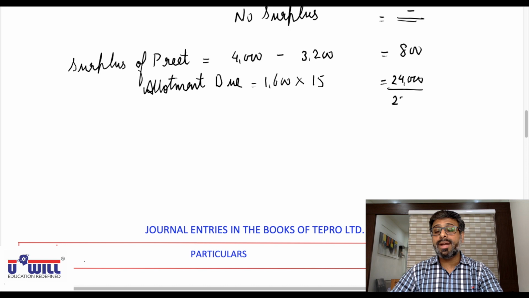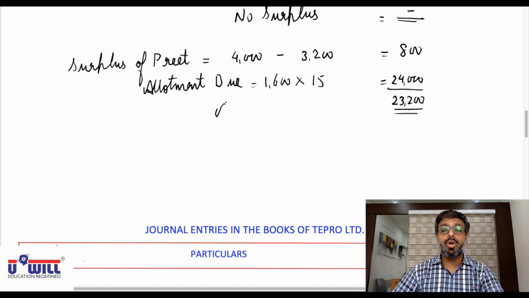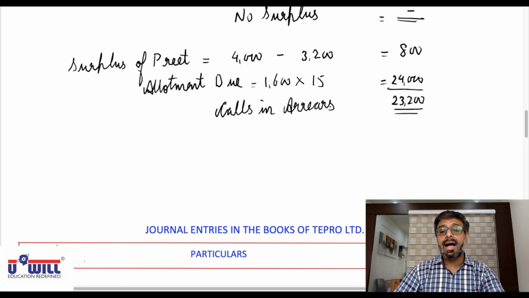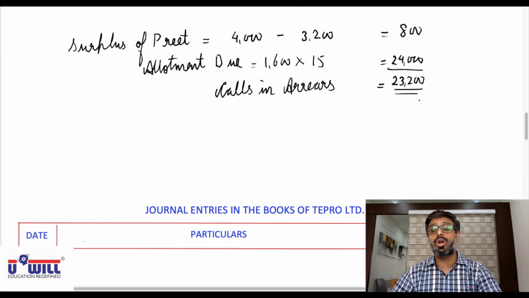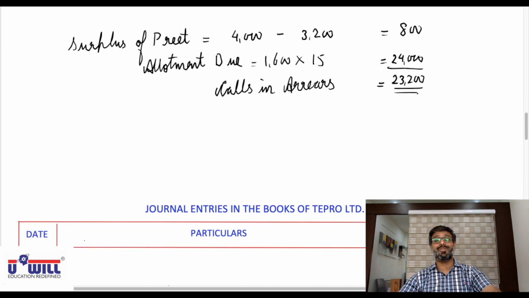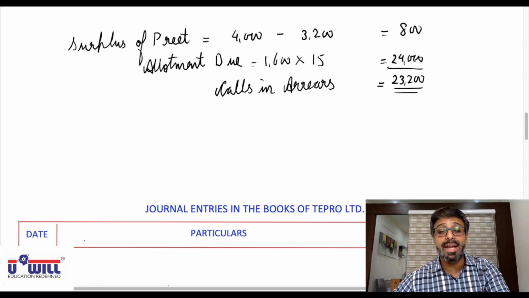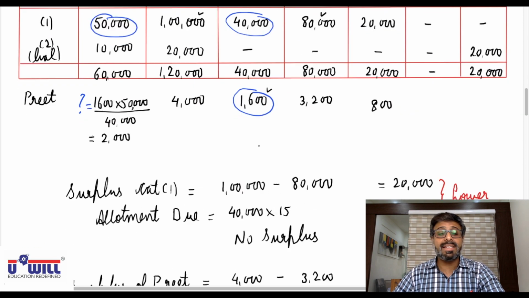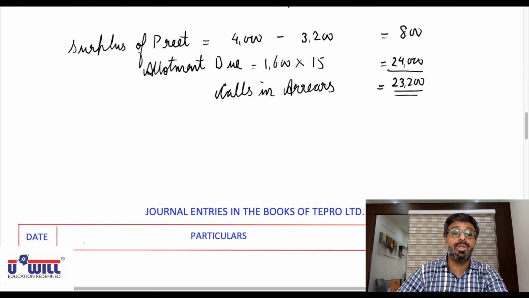So the remaining 23,200 are the only calls in arrears. Only 800 gets adjusted. A lot of practice is done, so I hope everyone is able to follow this now.